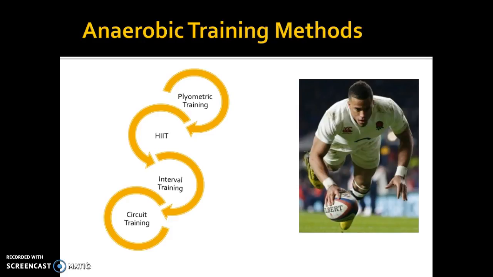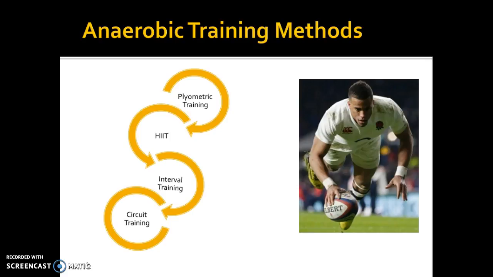There are 4 main anaerobic training methods: plyometric, HIIT, interval, and circuit. Interval training is, again, a workout which involves high intensity, then low intensity, and alternating them. Plyometric or plyo training is a technique that can be used to help develop muscle fibers and build muscle mass.